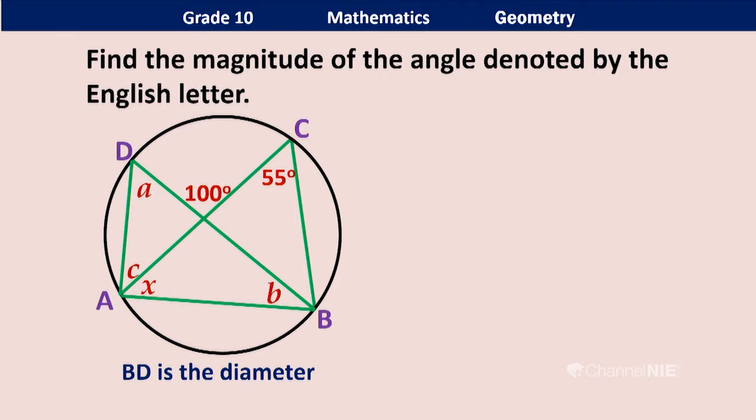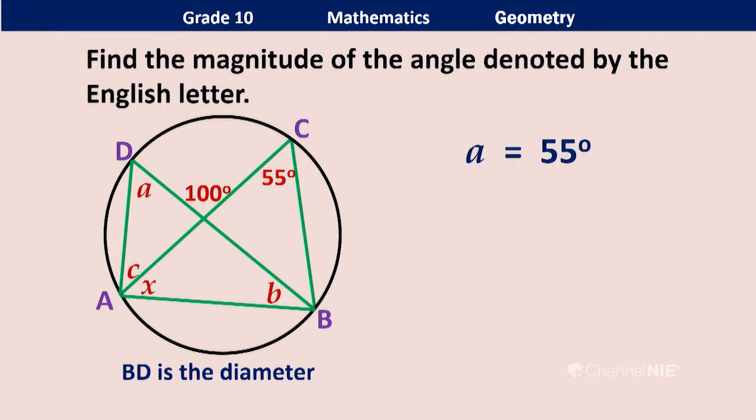Here they have mentioned that BD is the diameter of this circle. So we have four English letters to find the magnitude of: A, B, C and X. Therefore, we will take them one by one.